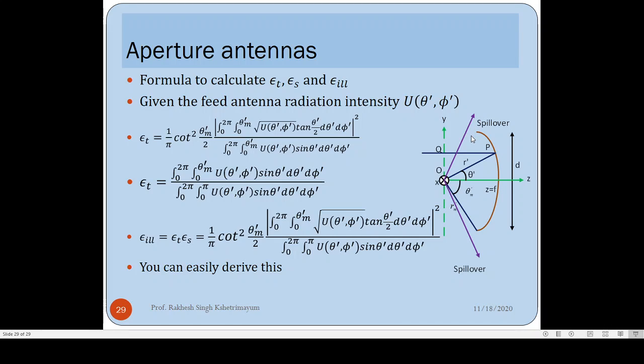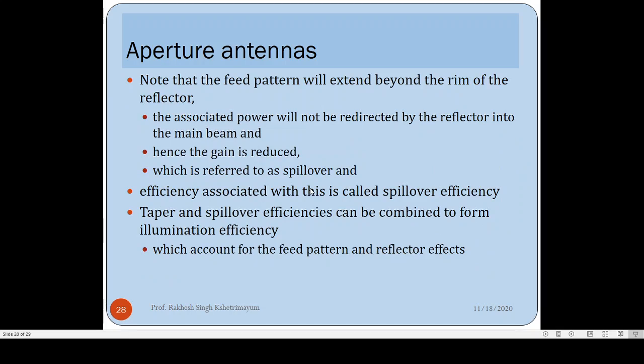This is called spillover. So the feed pattern which goes beyond the rim of the reflector, that associated power will not be redirected by the reflector into the main beam. Because of that, gain will be reduced, and this is called spillover, and the efficiency due to this is called spillover efficiency. And we'll calculate this spillover efficiency in the next slide.